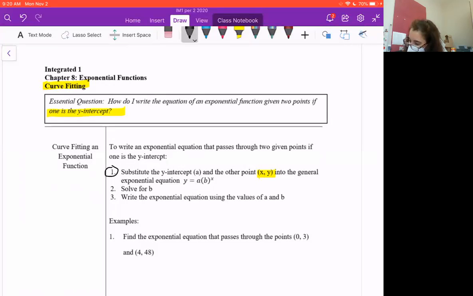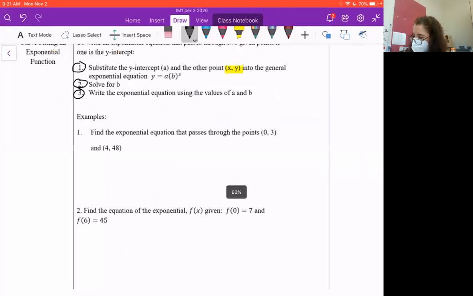Step 2, we solve for b. Now we have a and we have b. Step 3, you write your equation. So that's basically it. Put in your y-intercept, put in the second point for x and y, figure out what b is, and then write the exponential equation using a and b.